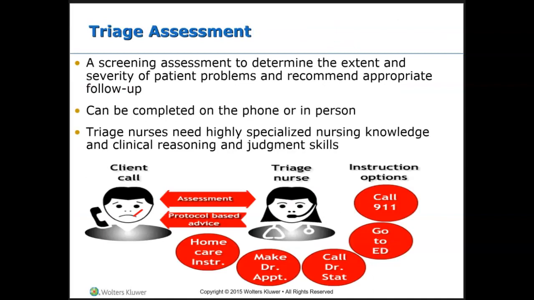So our triage assessments, we do these all the time, right? It's a screening tool to determine the extent of the severity of what's happening with your patient right at that time, right? And then based on that determination of the severity, we can make an educated decision on where to appropriately have them go for follow-up.